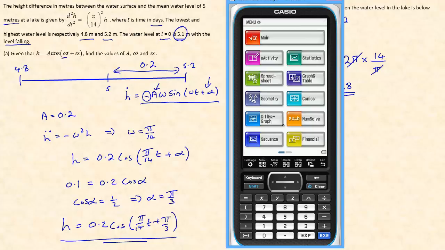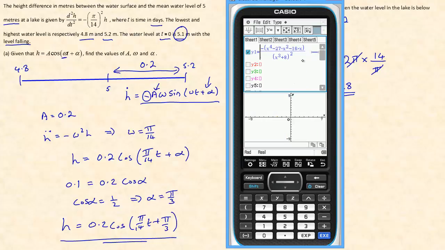So let's graph that. Let's just remove anything we've got here and make sure we're still in radians. That's good.